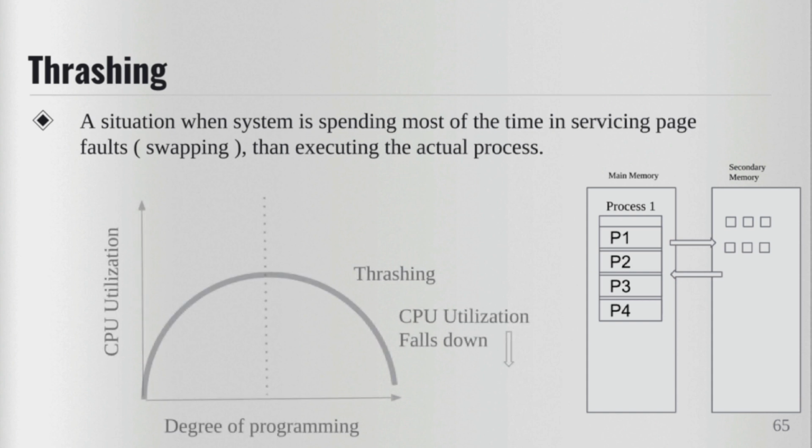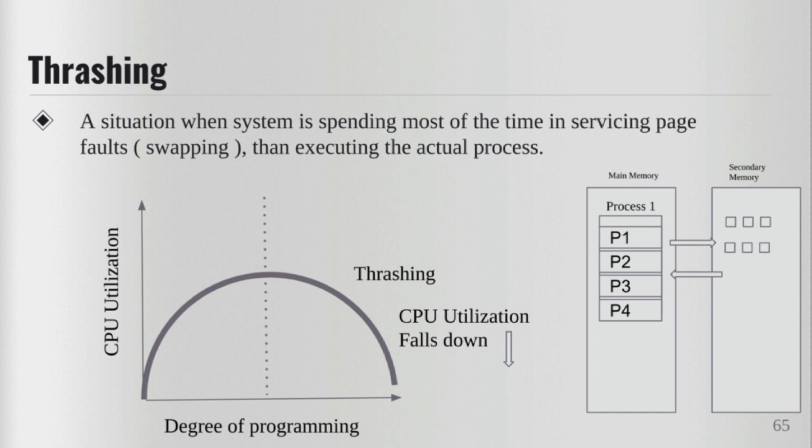So let me show you. In this diagram, we have the CPU utilization, which goes up in this direction, and then we have the degree of multiprogramming. Degree of multiprogramming means the number of processes at a particular time. So increasing the degree of multiprogramming means increasing the number of processes.